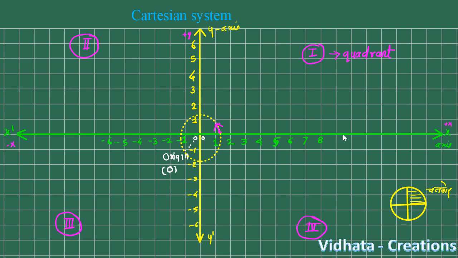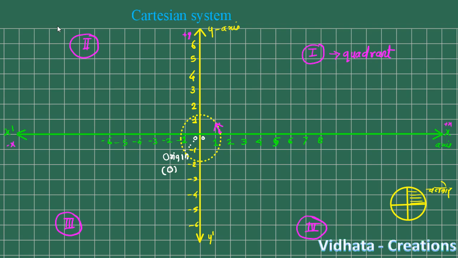You can extend this part, and in the similar manner, you can extend this part. Like this, you can get the 4 equal parts of the plane. This is exactly the Cartesian system. Now you got what exactly the Cartesian coordinate system is.